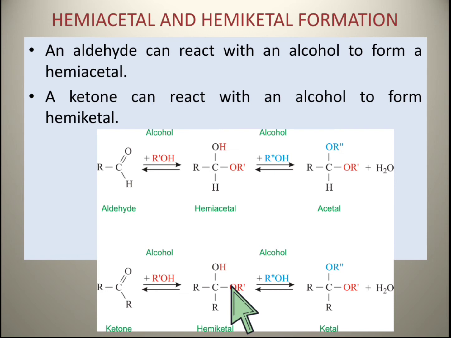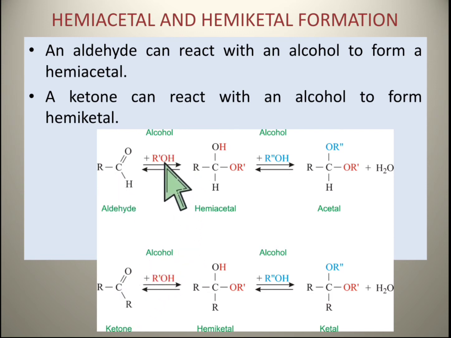These hemiacetals and hemiketals are formed only under acidic conditions, when an aldehyde or a ketone reacts with an alcohol respectively. This reaction occurs when a nucleophilic hydroxyl group of an alcohol attacks the carbonyl carbon of an aldehyde or the carbonyl carbon of a ketone.